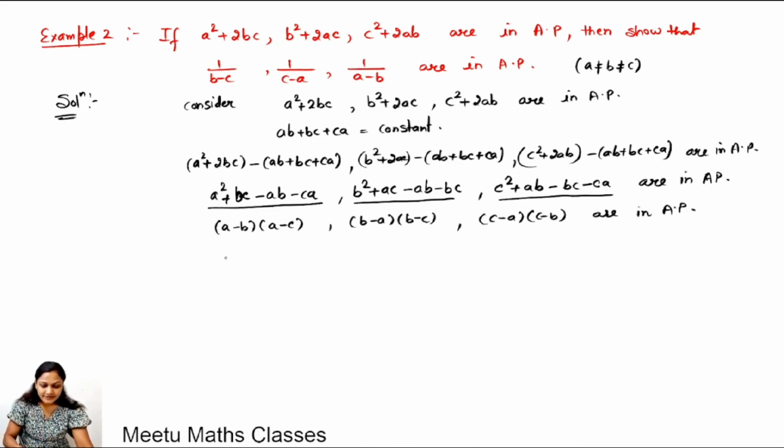Now, we know that we can consider (A minus B)(B minus C)(C minus A). This is a constant.